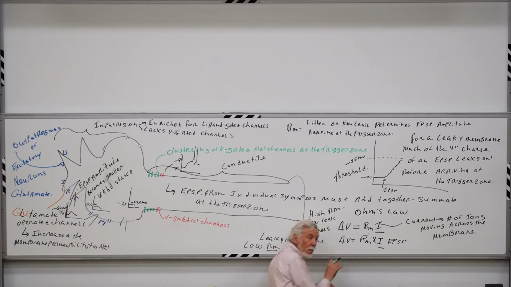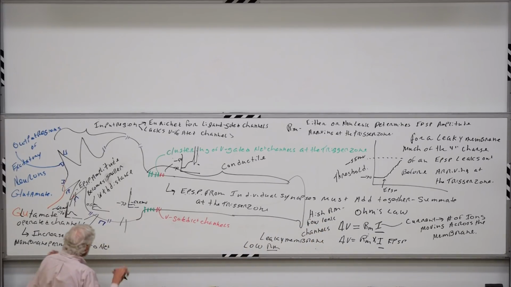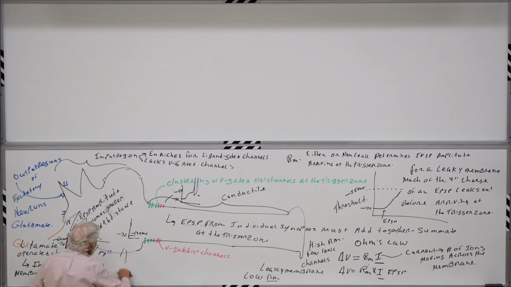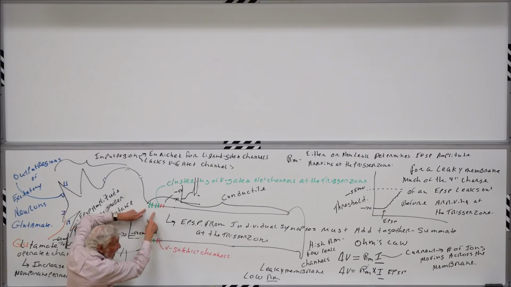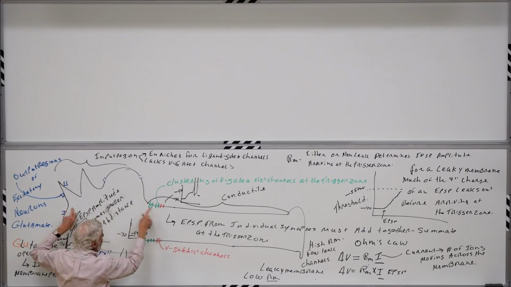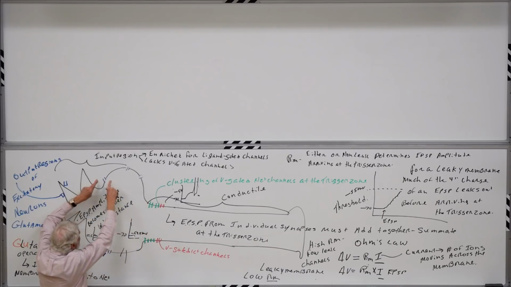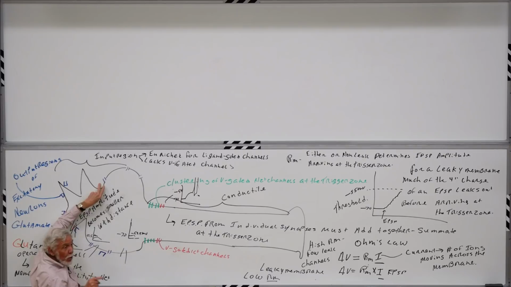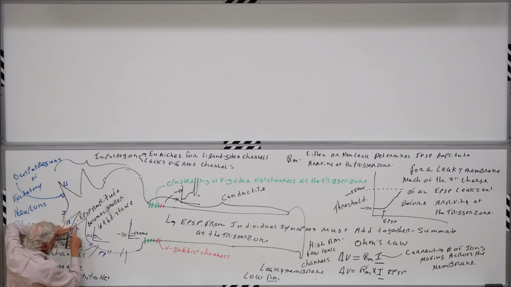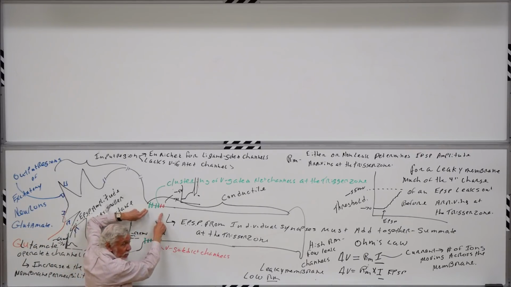Small. So what we're saying here is that the amplitude of the EPSP arriving at the trigger zone is largely dependent upon the membrane resistance. The higher the membrane resistance, the more faithful the amplitude of the potential recorded here that will be delivered to this site.